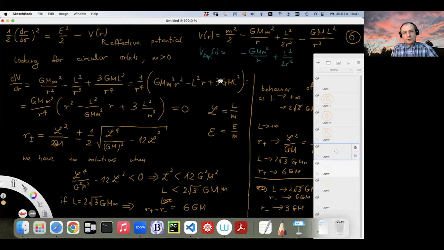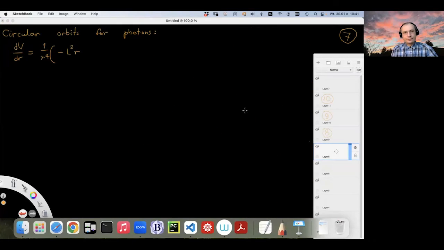And here we have 3GML squared. And this is obviously 0 if and only if r is equal to 3GM. This is a linear function. It has only one root, this equation, which is always equal to 3GM, meaning there's only a circular orbit at r equal to 3GM.